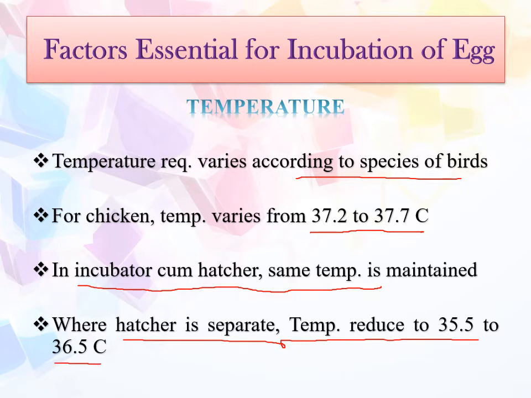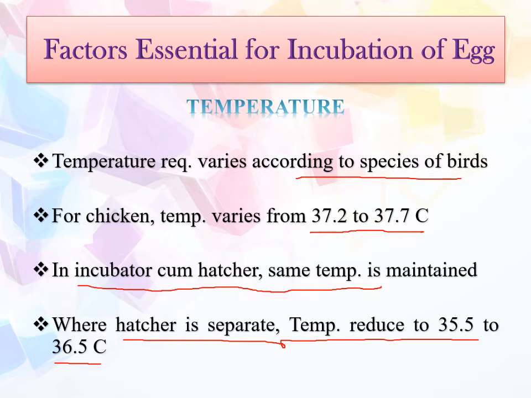For chicken egg, at the hatchery, whenever they are put into the incubator for the first 18 days, inside the incubator the temperature must be around 37.2 to 37.7 degrees centigrade, and after 18 days, once they are transferred from incubator to hatcher for the last 3 days, inside the hatcher the temperature must be around 35 to 36 degrees centigrade.